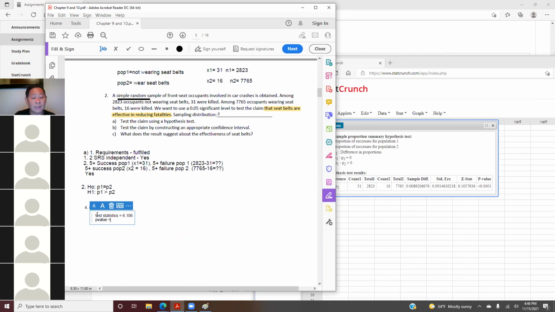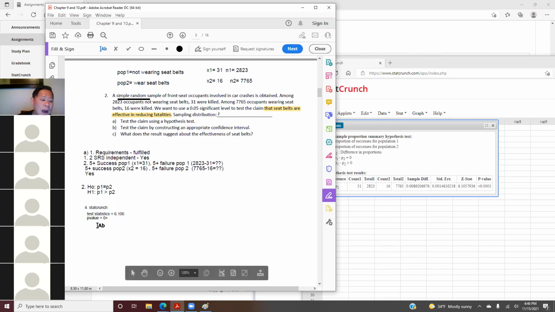If you see this in StatCrunch, your p-value is less than 0.0001, which means it's 0 plus, so close to 0. Okay, so this is how we do this question.